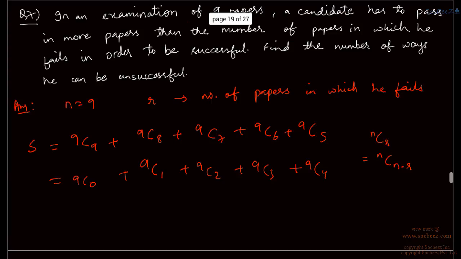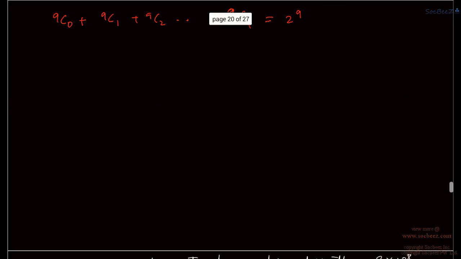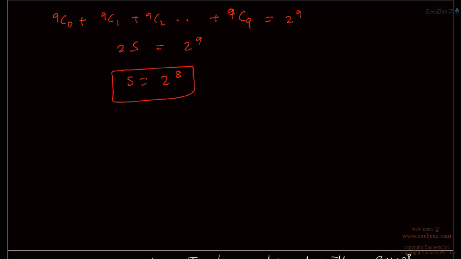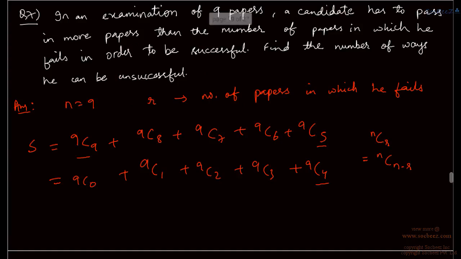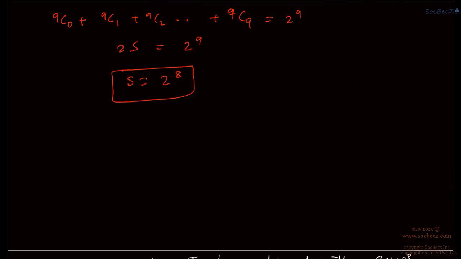Okay, but we see that this is nothing but twice the S, right? See, from 9C0 to 9C4 and then from 9C5 to 9C9. So actually this is nothing but 2 times S. So we have 2S is equal to 2 power 9, or S is equal to 2 power 8. So there are 2 power 8 ways, and 2 power 8 is nothing but 256. So there are 256 ways in which he can be unsuccessful.